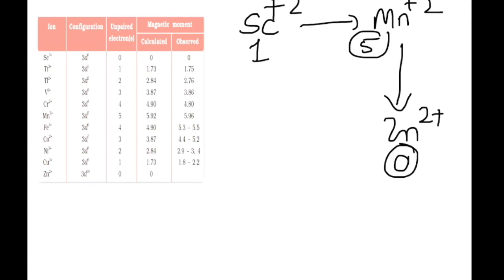If the number of unpaired electrons increases, the magnetic moment increases.